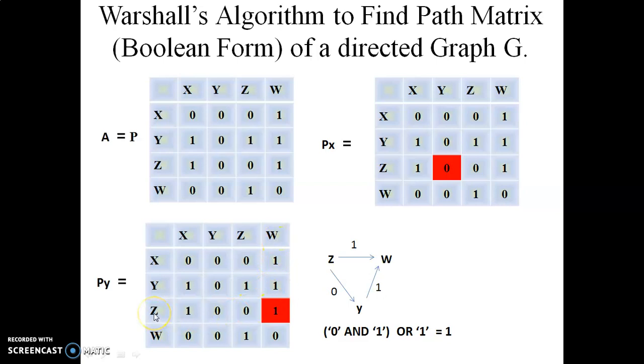Now to write the value from z to w, I need to consider the index value in the previous matrix, that is in P of x, not in the path matrix. So in this particular matrix I have to check from z to w; the index value is 1, so I write it here as 1.